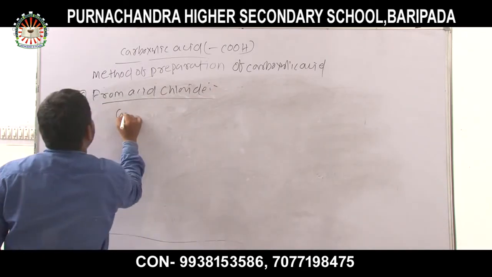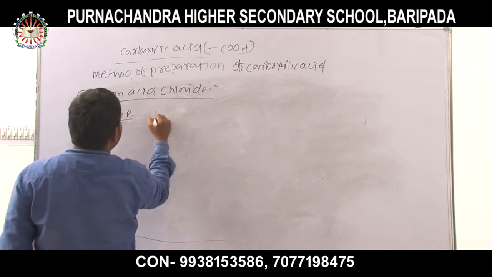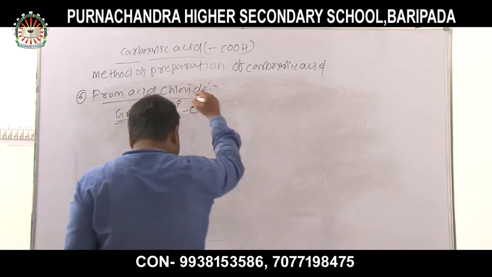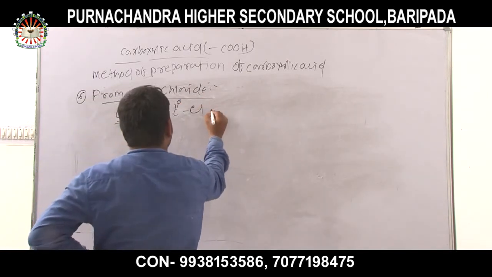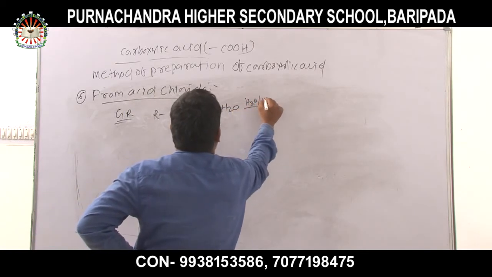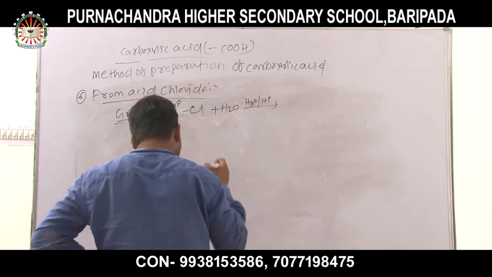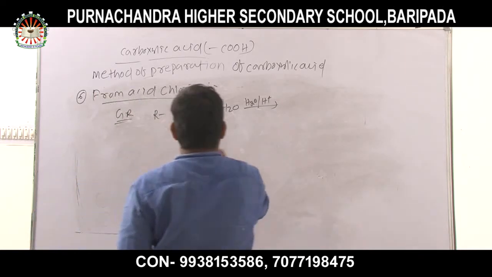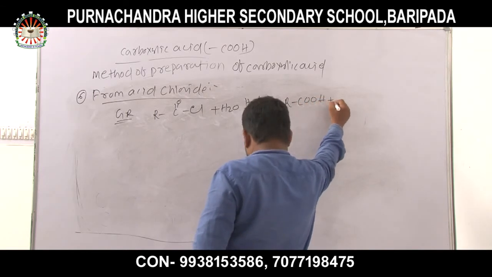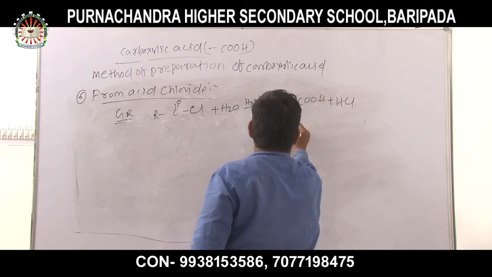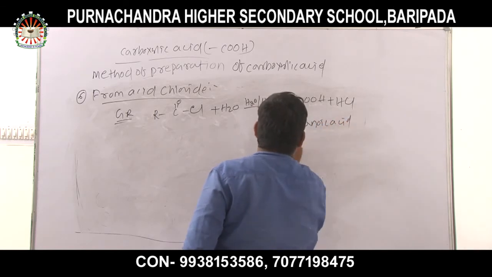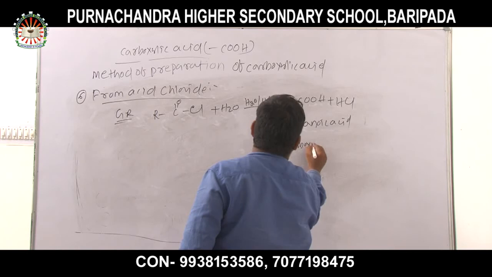Taking a general reaction, acid chloride RCOCl undergoes hydrolysis in presence of dilute mineral acid, then alkanoic acid or carboxylic acid is formed.